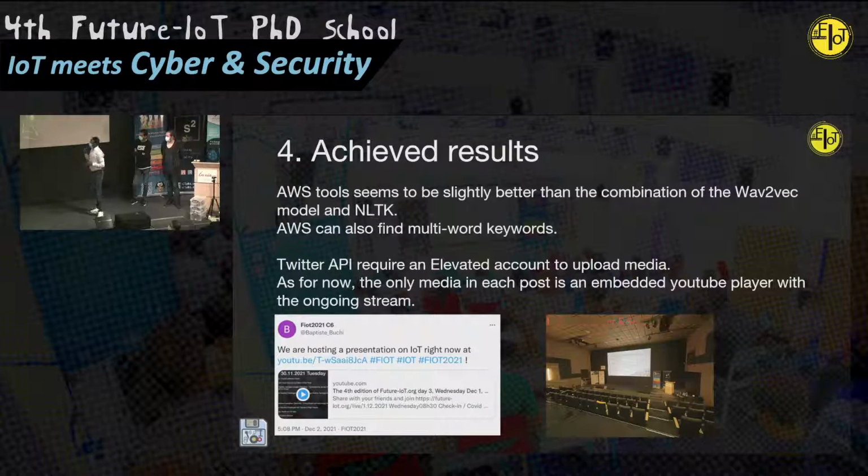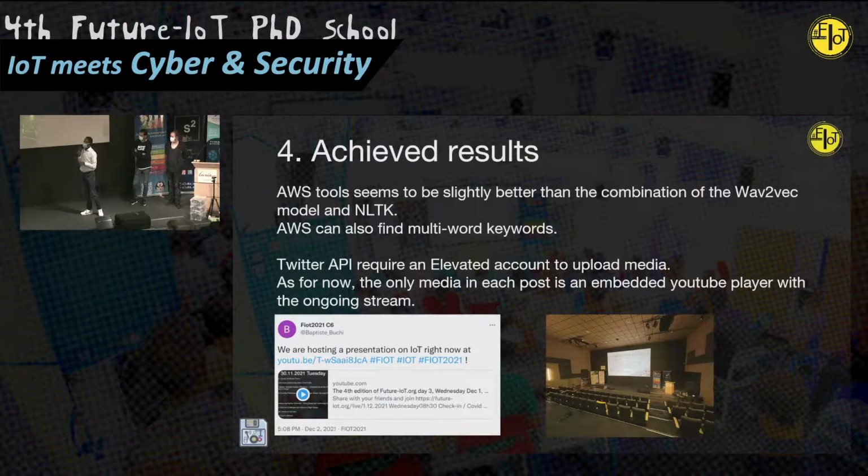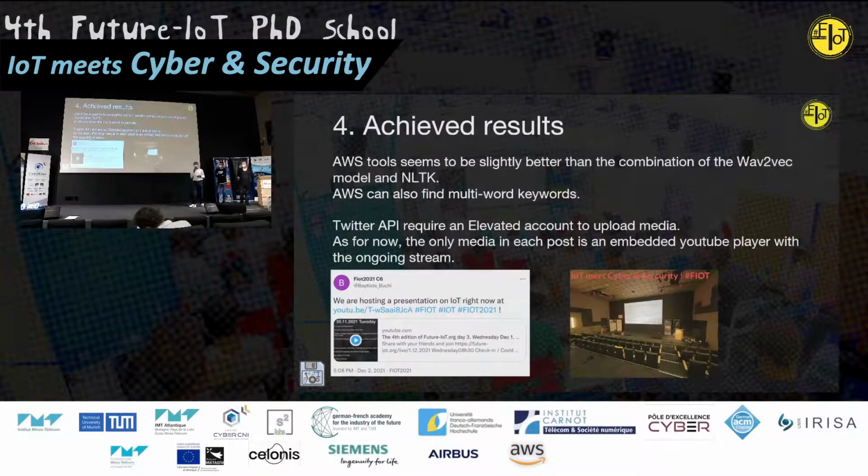For images, we are able to send just a link, because to send a video or an image on Twitter, Twitter imposes that we have an elevated account, so that we can process them or do something using the Twitter API.